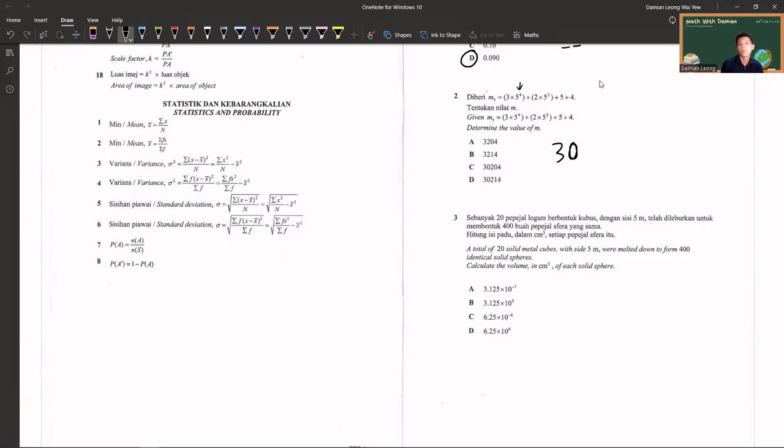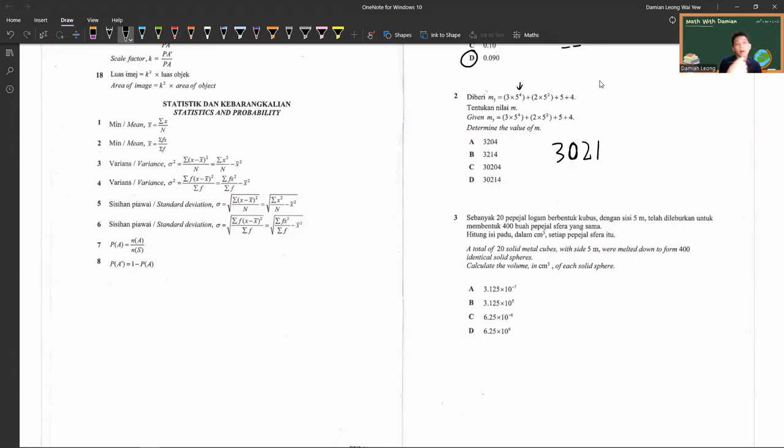After 5 to the power 3 is 5 to the power 2. 5 to the power 2, 5 kuasa 2. Kami ada 2. We have 2 of it. So I put 2. 5 to the power 1. 5 is the same as 5 to the power 1. Okay. So there's 1 of it. So I put 1. And after that is 5 to the power 0. If it's just a number less than the 5, that indicates how many 5 to the power 0 there are.